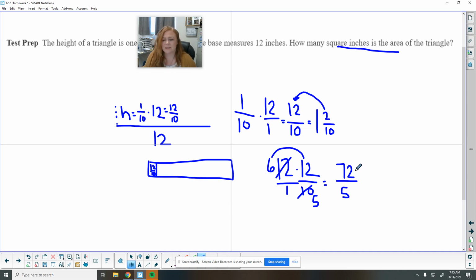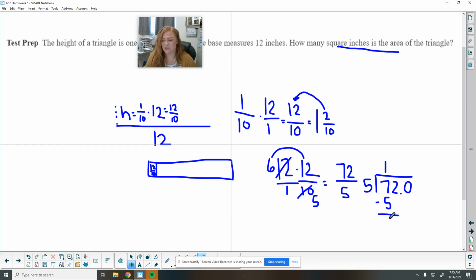So 72 over 5. We want to do 72 divided by 5. So add a decimal, see how many times it goes in there. 1 time, and that's 5.